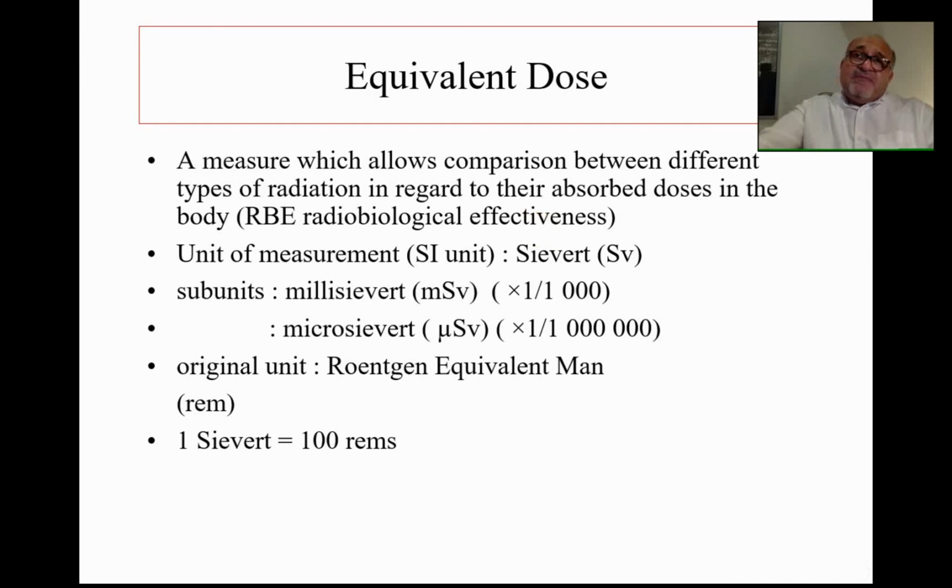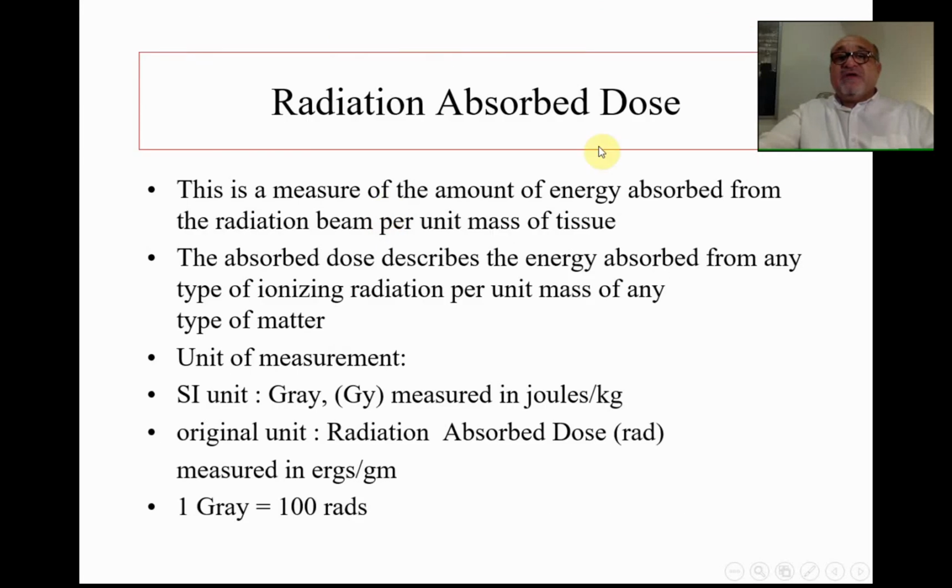The third type of expressing or measuring the X-ray is the equivalent dose. Equivalent dose is a measure which allows comparison between different types of radiation. If we go back to the radiation absorbed dose, it does not express the type of radiation, neither the type of the tissue.